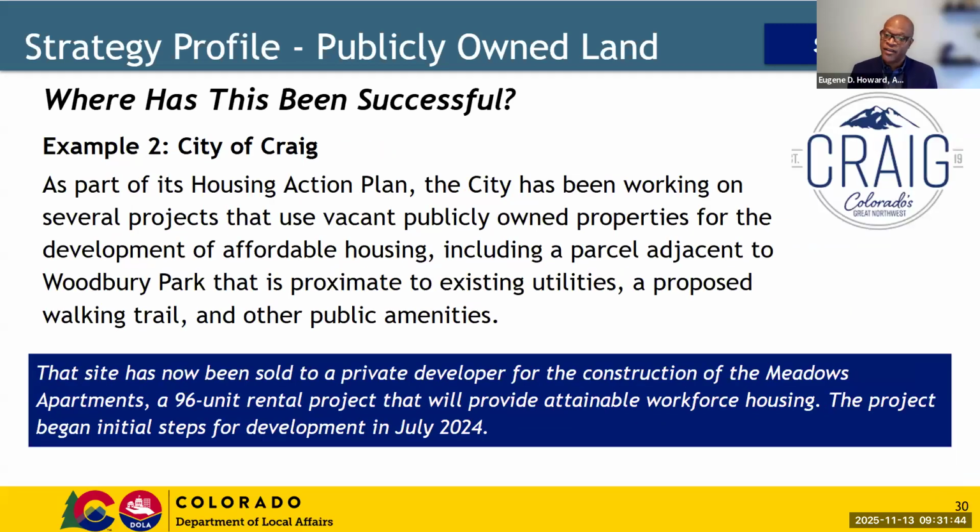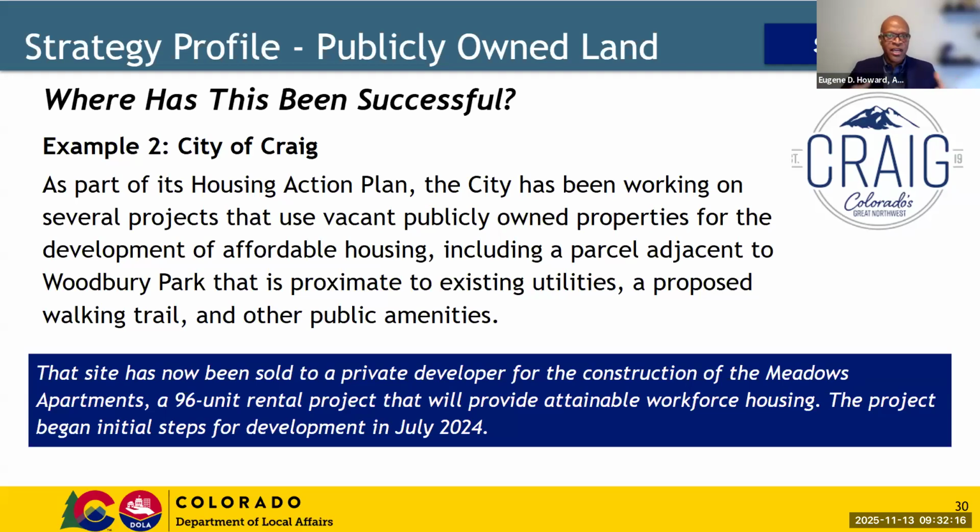Another example is the city of Craig. So our larger cities and our smaller communities are all able to leverage these strategies and adopt them and mold them in the way that fits their community. And Craig is a great example of that. They leverage some of their publicly owned land for affordable housing, including a property adjacent to a park, existing utilities, trails and other public amenities.